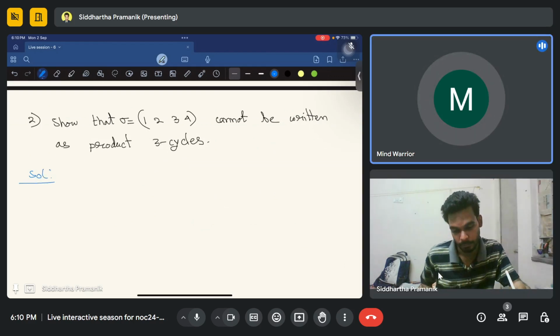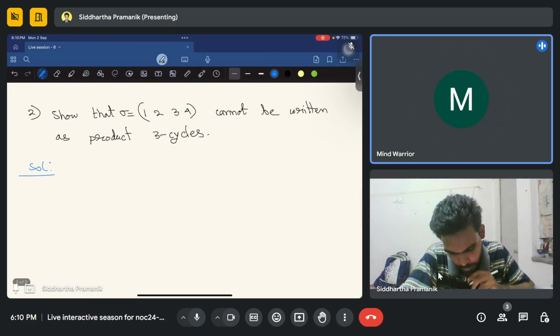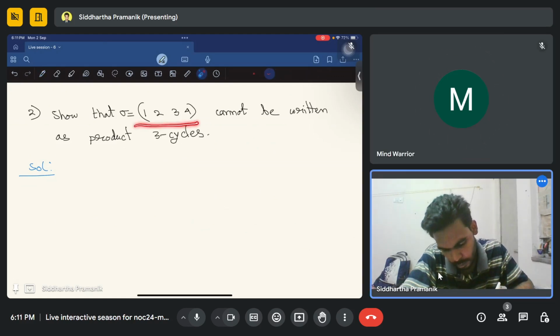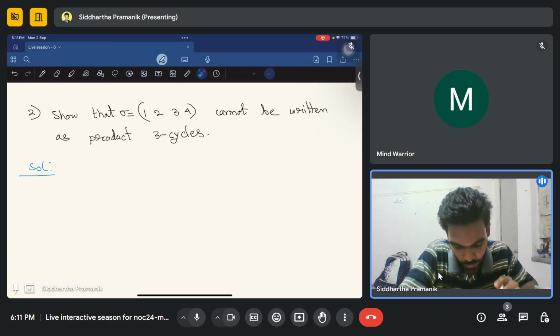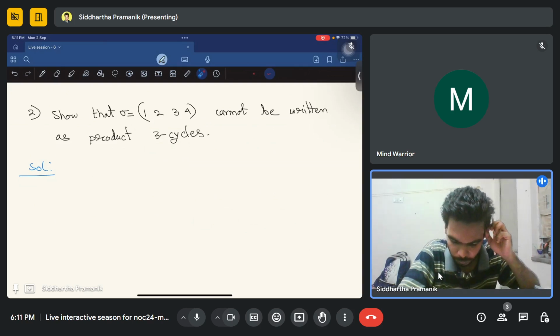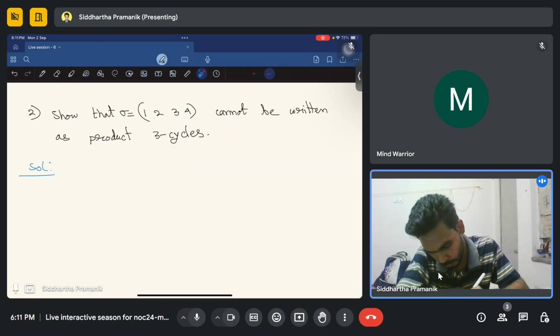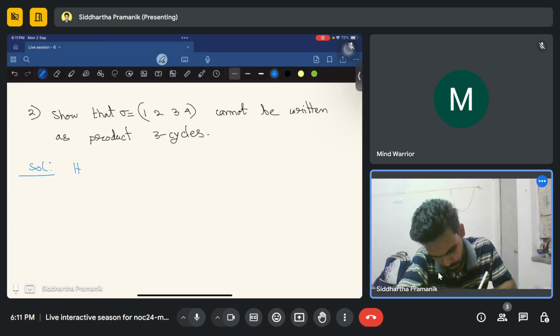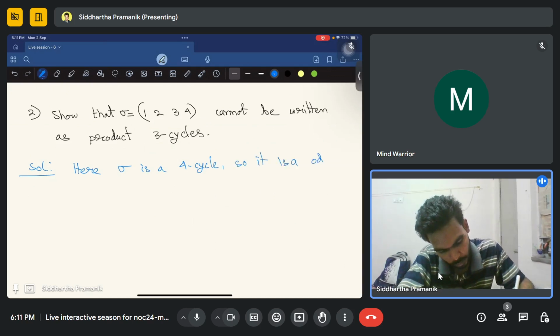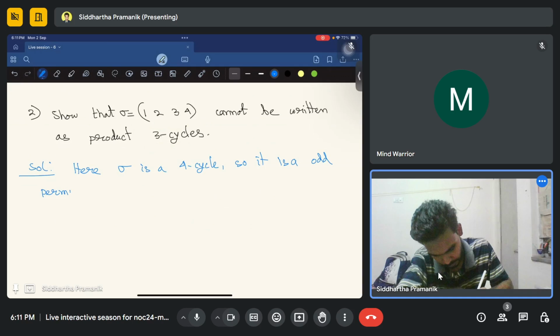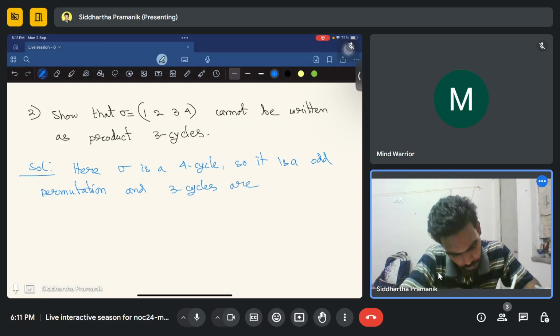3 cycles are even and 4 cycles are odd. So here sigma is a 4 cycle, so it is an odd permutation, and 3 cycles are always even permutations, and also a product of even permutations is even.